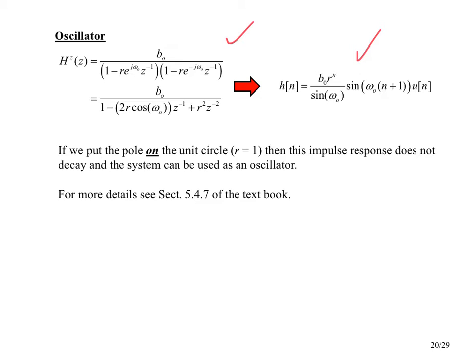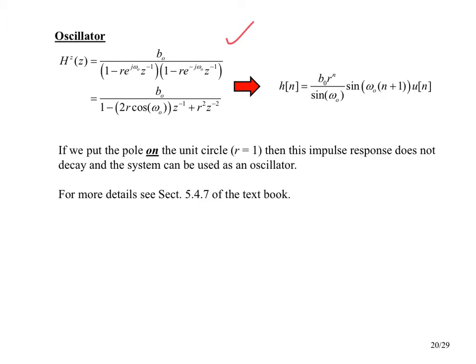We can see that for r less than 1, this thing is going to decay as it oscillates. But if we let r be equal to 1, then this term out in front with the r no longer decays and in fact stays constant.